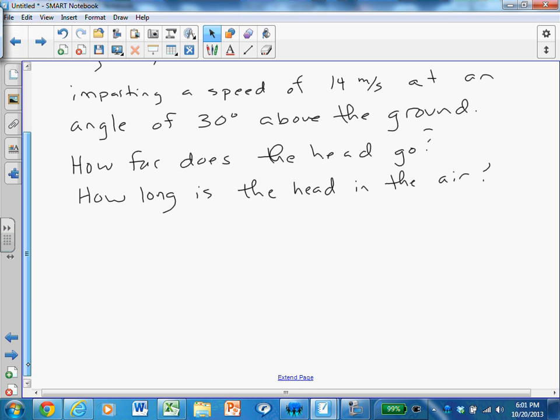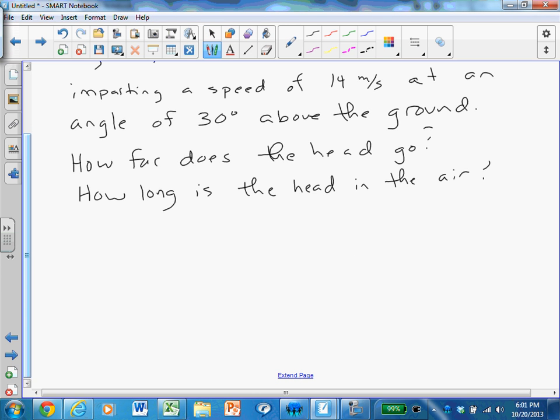Okay, so the head is kicked, and at 30 degrees, with a speed of 14 meters per second. And it travels up and comes down at an equal level as it left.